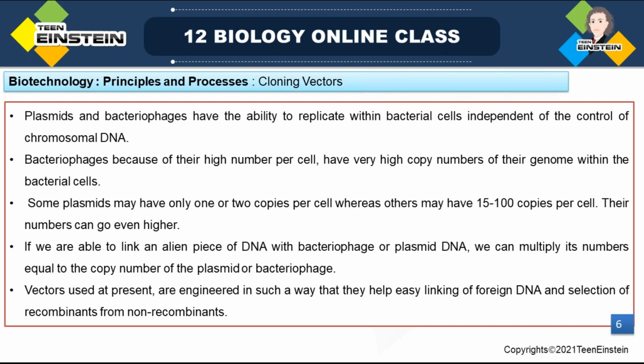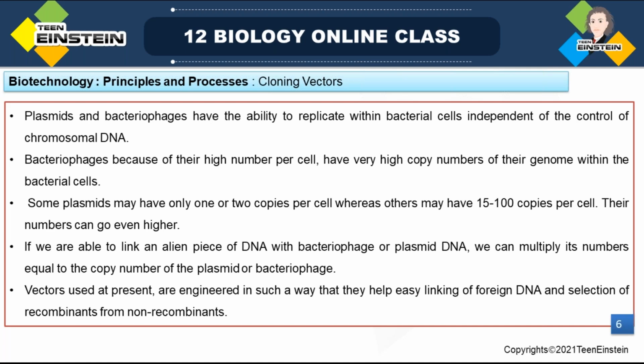That means in a bacterial cell, what do you mean by that? In a bacterial cell, the number of bacteriophages can be more, and along with that genome, the copy number also increases. I said there is no control of the chromosomal DNA, right?